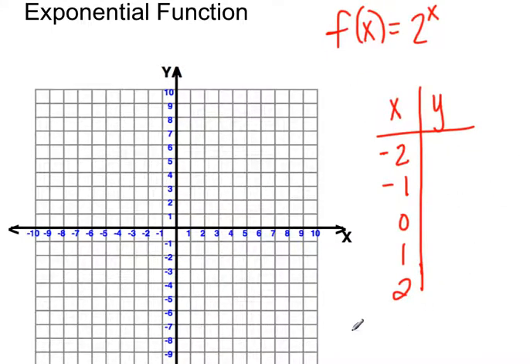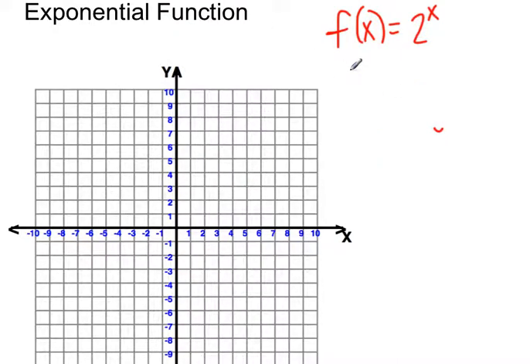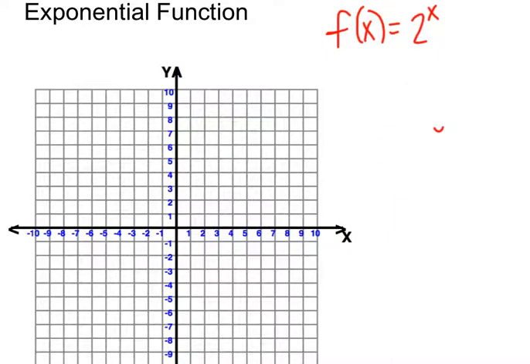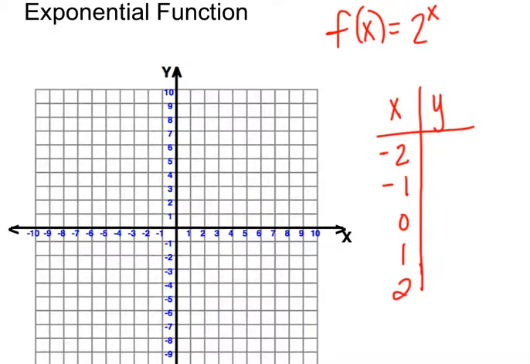So if you did f of -2, you would actually get this. Y would equal 2 raised to the -2, 2 raised to the -1, 2 raised to the 0, 2 raised to the 1, and 2 raised to the 2, because you have to put -2 in for x.